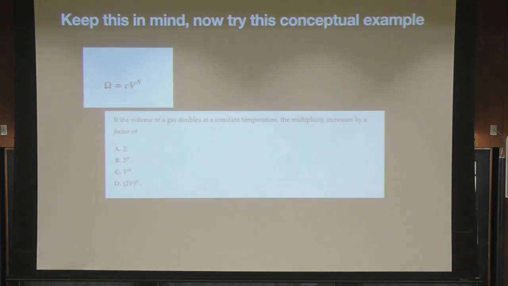Okay. So then try this conceptual example. If the volume of a gas doubles at a constant temperature, then what is the multiplicity increased by a factor of? So we've got this formula here, omega, C times V to the n, and now I say, what if the volume of the gas doubles?